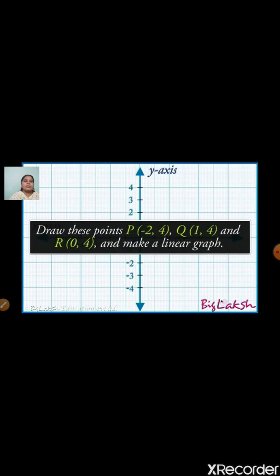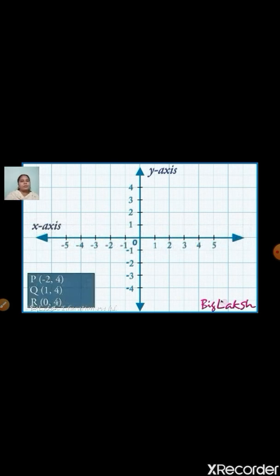Draw these points P(-2, 4), Q(1, 4) and R(0, 4) and make a linear graph. To plot the point P, let us move 2 points toward the left from the origin on the x-axis and then move 4 points vertically upward. This is the point P.